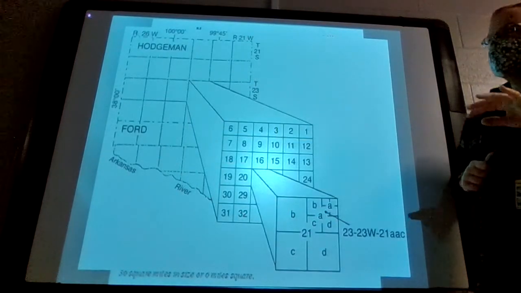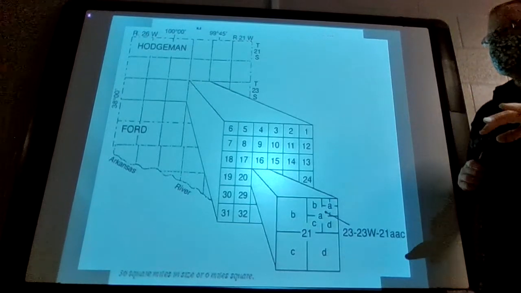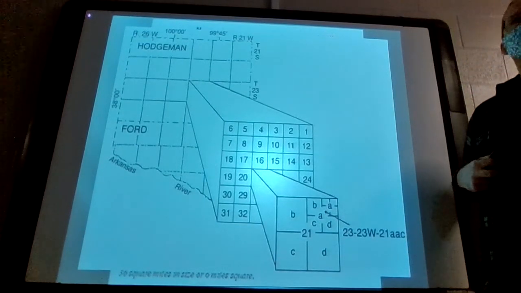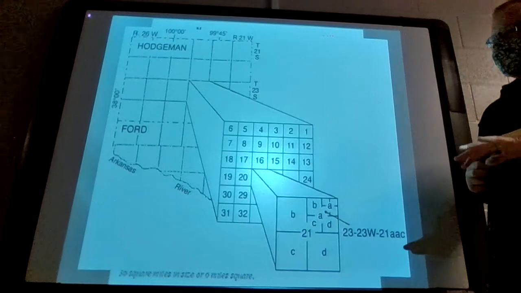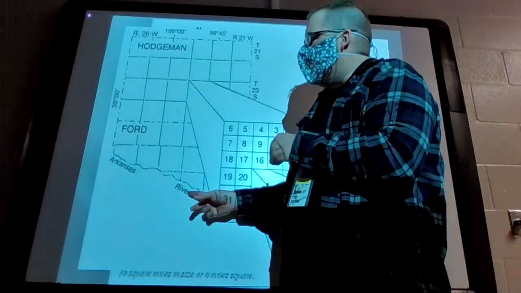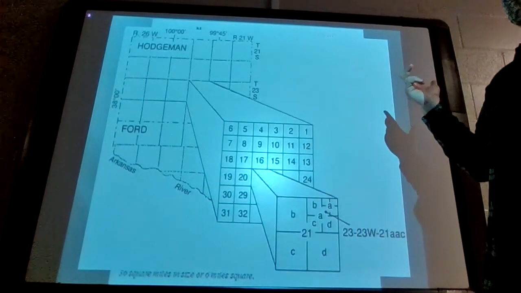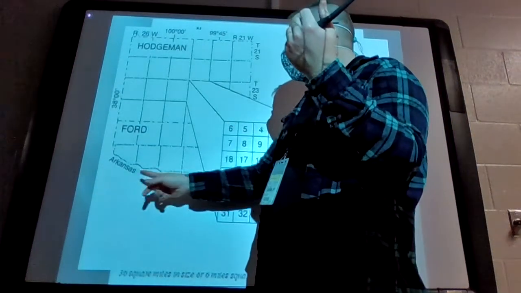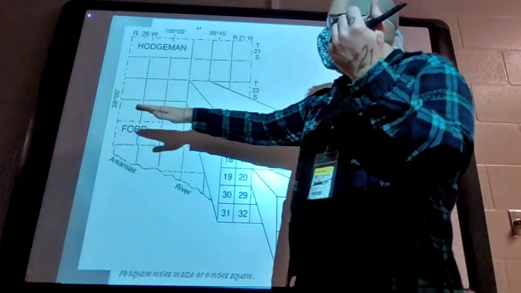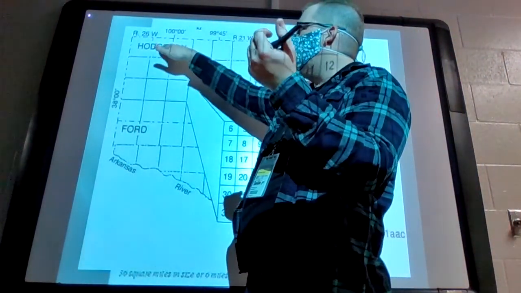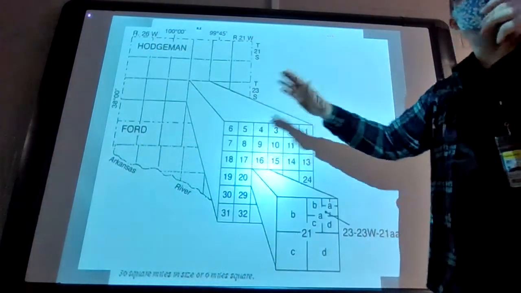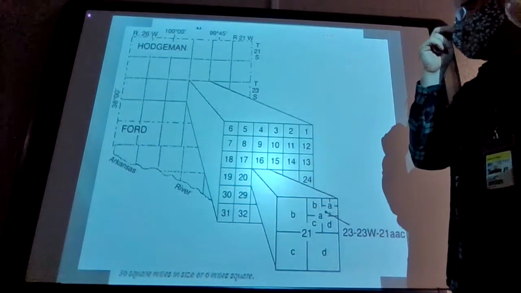So here's something similar to what you're going to see on the lab. The lab will be a little bit different, but this is what it is. So you have, I assume, some sort of county here, maybe a couple counties. You have the Arkansas River. They have a word Fort and a word Hodgman. These are either going to be towns or counties.